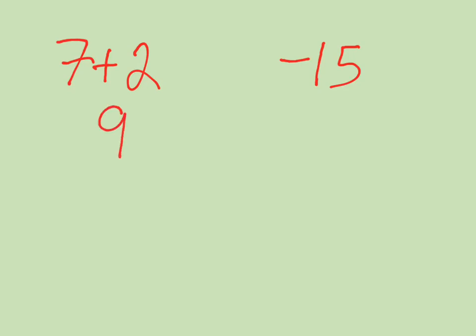So let's take a look. Let's compare 7 plus 2 and negative 15. Well, first we need to do any arithmetic. So 7 plus 2 is 9, and negative 15 is just negative 15. And then we can put a number line down.